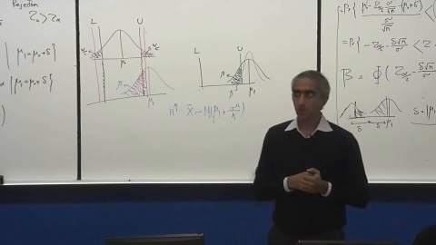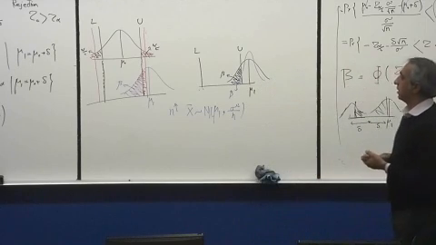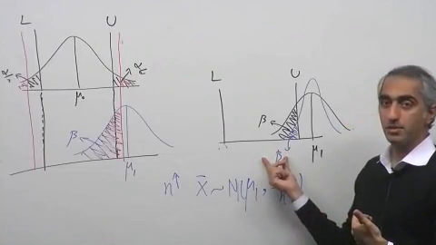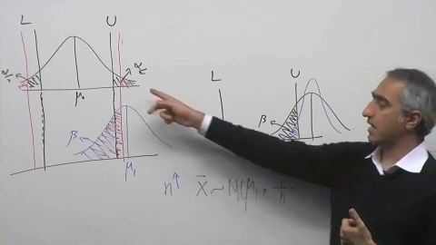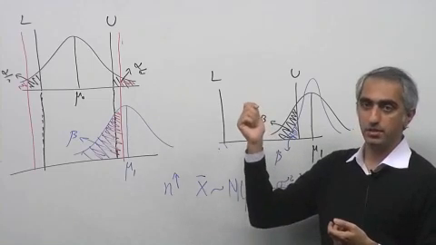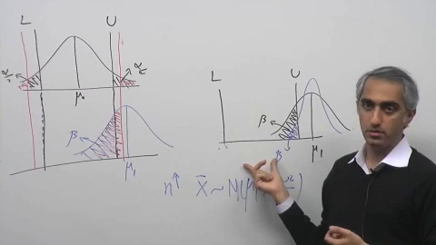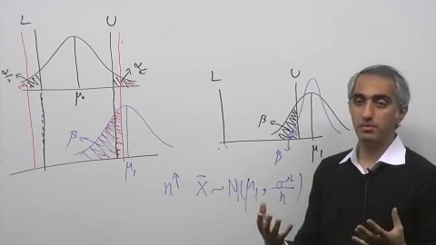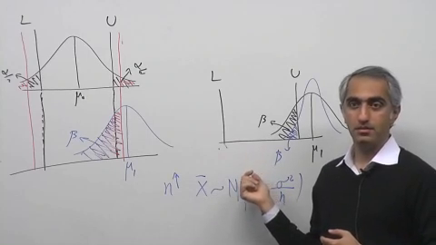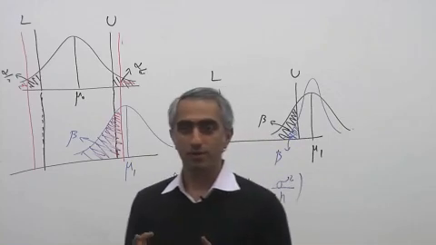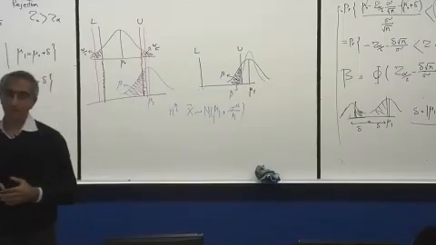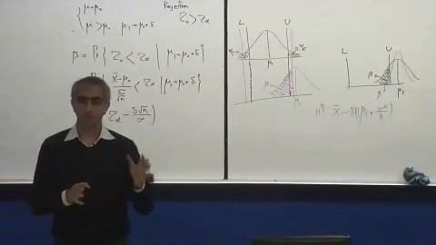But the amount of improvement in beta is not going to be the same. For example, if you fix alpha and you increase your sample size by 10%, you gain some power. But if you want to improve both of them at the same time, it's not going to be the same power that you gain. So it's like, where do you want to spend that sample size? Do you want to spend it on alpha or beta? But in practice, we usually set our alpha and then just focus on beta.